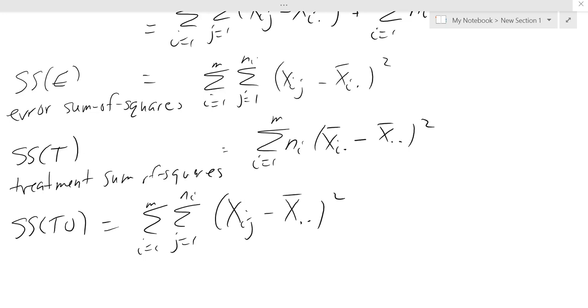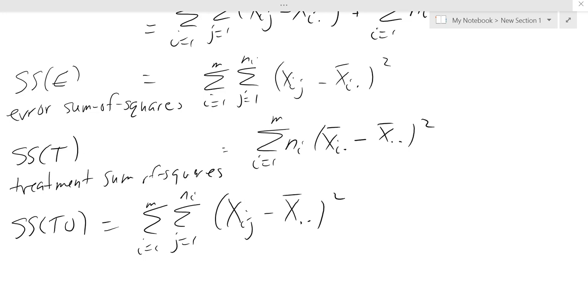So if I take my sum of squares total and divide it by sigma squared, I get a chi-squared random variable. If I divide it by n minus 1, I get an unbiased estimator for sigma squared.